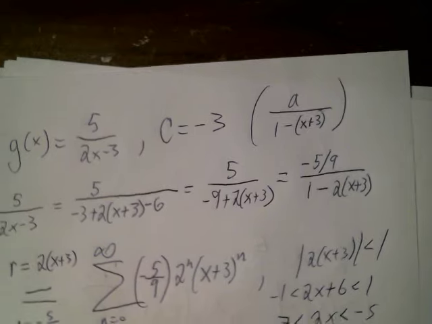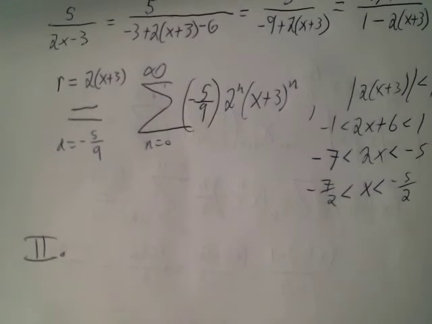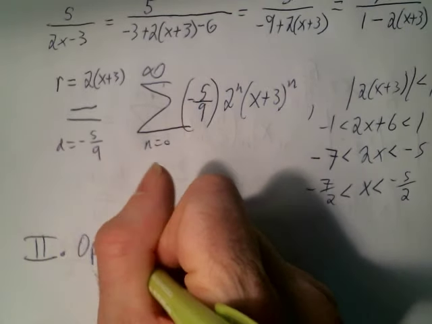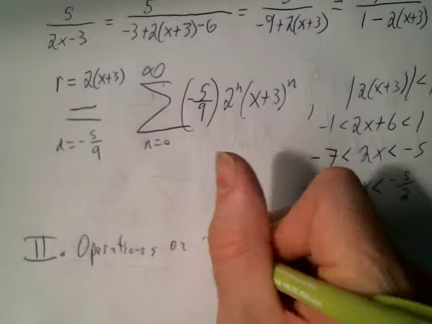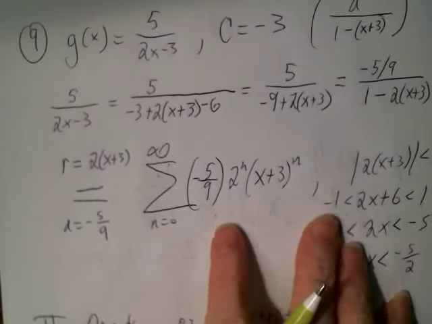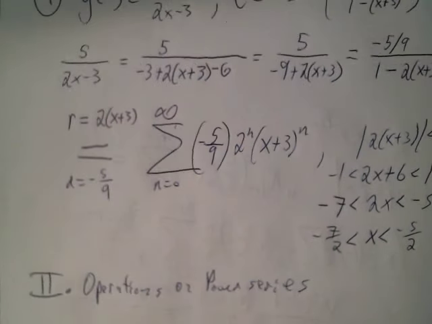And you could do this via substitutions and again integration and differentiation. Okay, so operations on power series, and we've kind of already shown you that basically we've been doing substitutions here. Let R equal this, let R equal that.